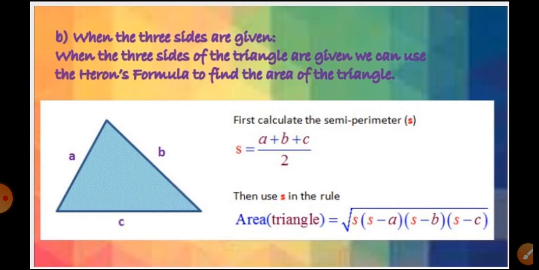First we calculate the semi-perimeter, denoted by small s. s is equal to a plus b plus c, the 3 sides, divided by 2. Then the area of the triangle is equal to root over of s into s minus a into s minus b into s minus c. s means semi-perimeter.